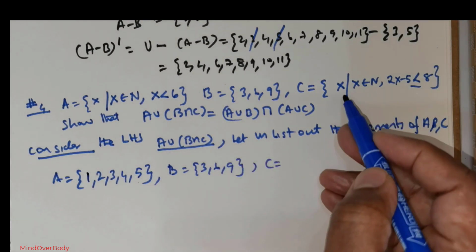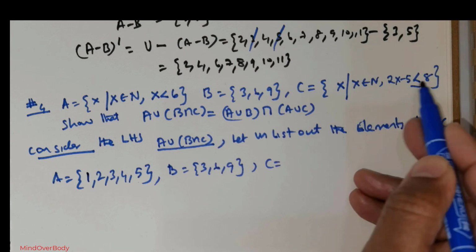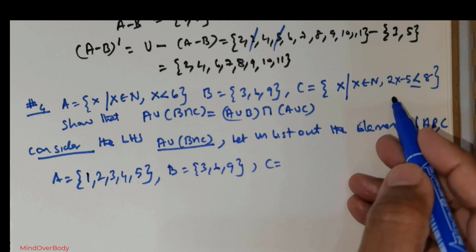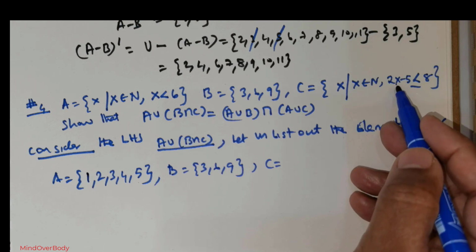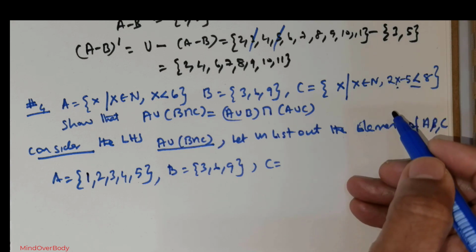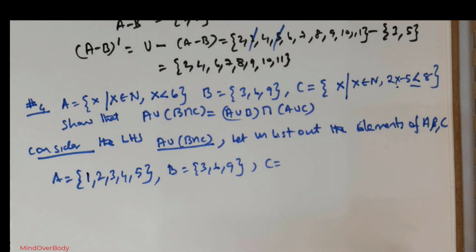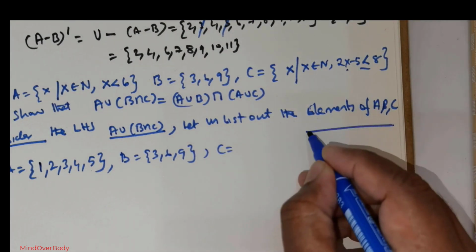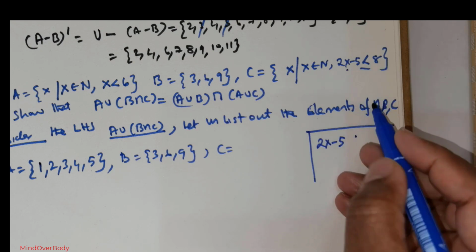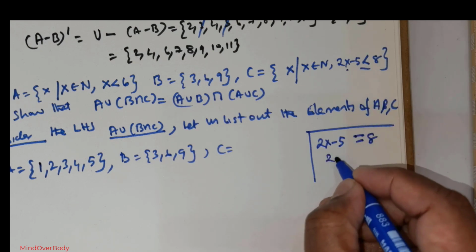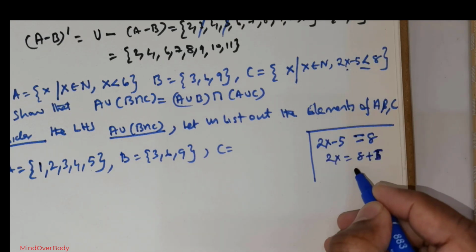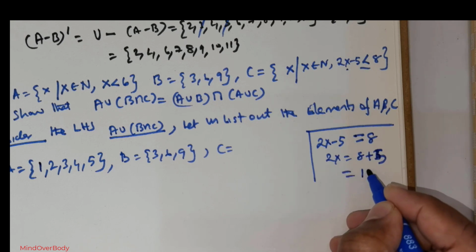And for C, collection of all x that is an element of natural numbers, and it has to satisfy this inequality. First, I will have to solve and simplify this inequality. So I will write 2x negative 5, instead of less than or equal to, as equal to 8. That means 2x is equal to 8 plus 5, and that would mean 13.